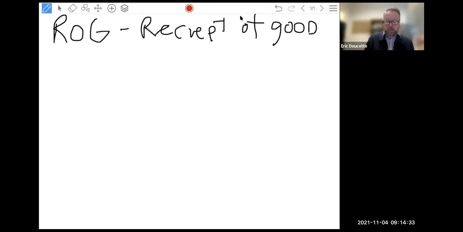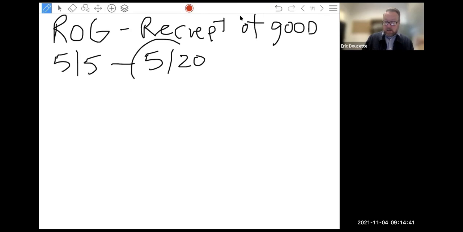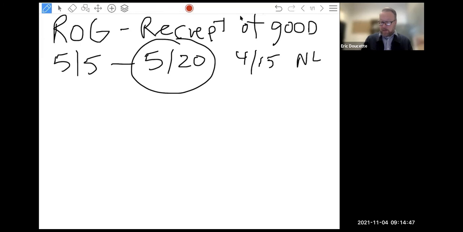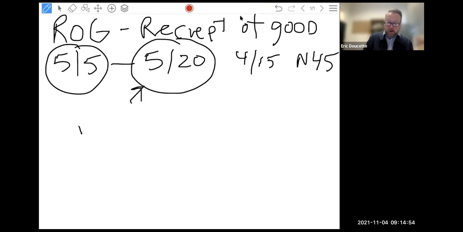So if you purchased it on May 5th, but you didn't receive the goods till May 20th, then everything starts on May 20th. If your terms were 4 and 15 and N45, then it's not based on when you ordered. It's going to be based on when you receive the goods, ROG, and then everything goes from the 20th.